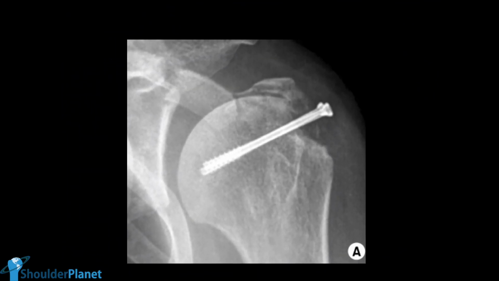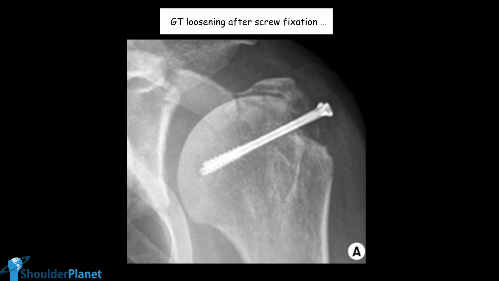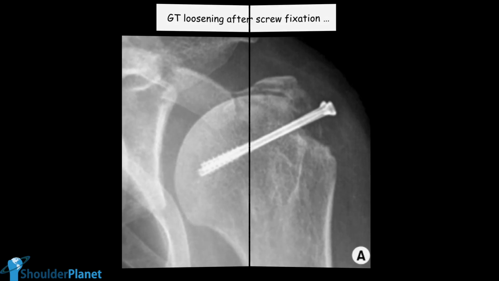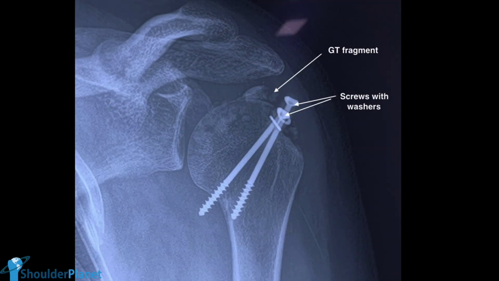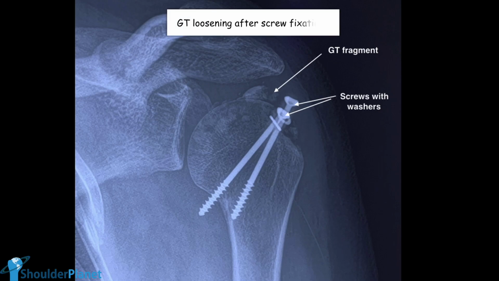Here we are seeing a greater tuberosity fracture fixed with two screws and complete loss of reduction and complete failure of the surgery. This is another example, a left shoulder with complete loss of reduction, total loosening of the fixation after fixation of a greater tuberosity fracture.